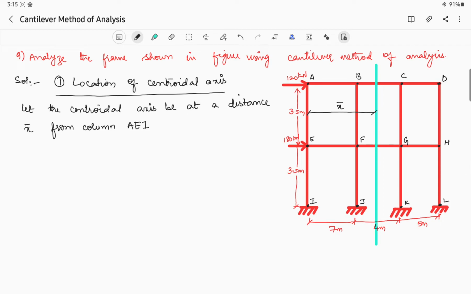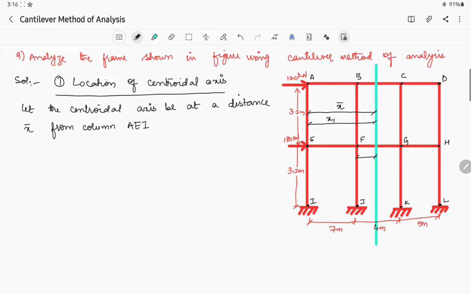So before going to the centroid, we'll take down this distance as x1. So x1 is the distance from the vertical column AE to the centroid. Similarly, let us take this as x2.